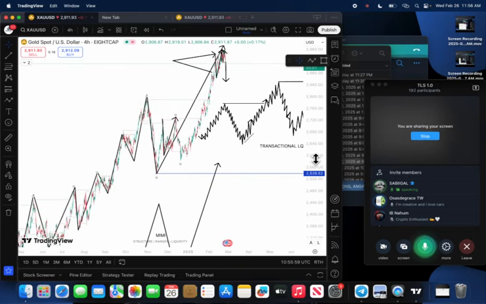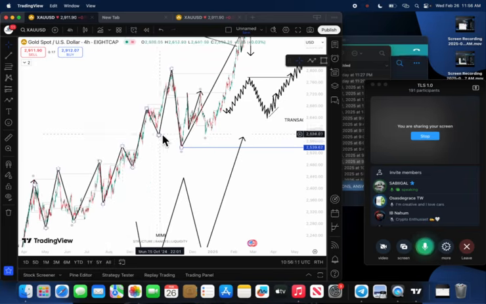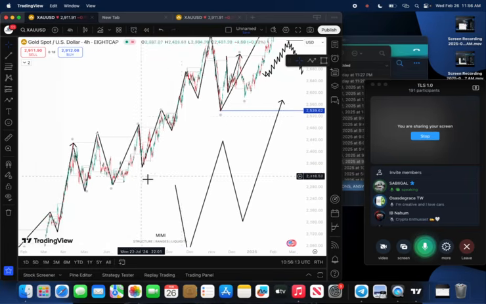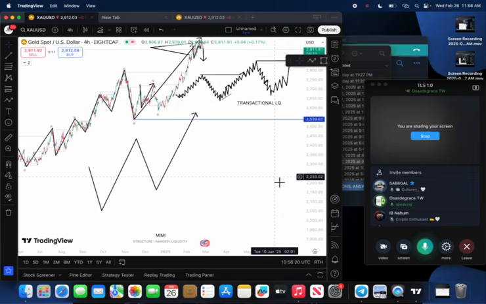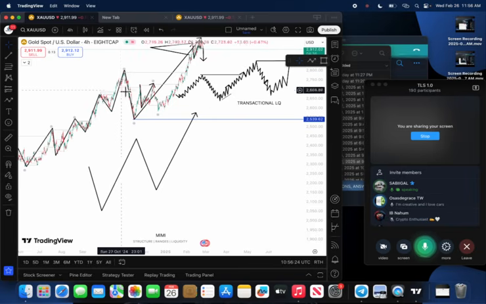Where we would have been concerned is if we were trying to buy from this place, we would have been concerned about whether it was valid or not. But the moment this guy fails as a change of character, all these guys are useless, whether they were valid or not valid. They are going to turn to liquidity. I don't know if you get me. Yeah, I get you. Yes. So whether this guy was valid or not, price has passed it. The order flow has passed it.